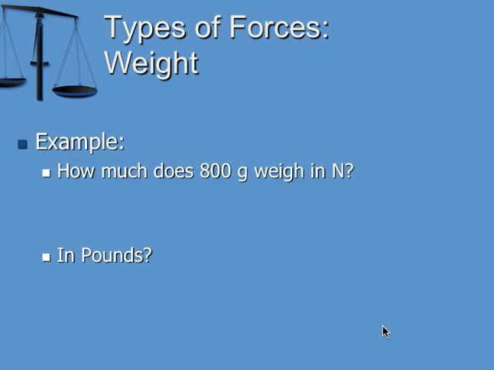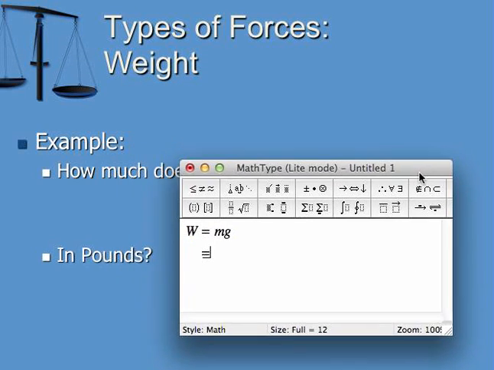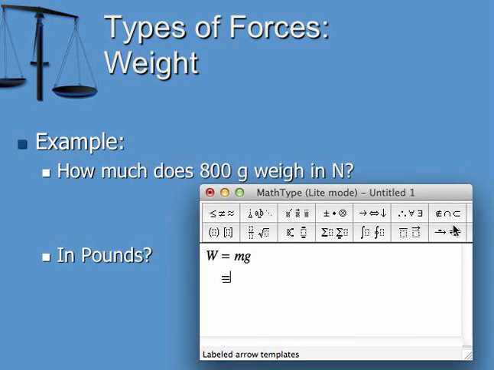So I wanted to just do a couple example calculations to calculate a weight of say 800 grams. If we use the formula W equals mg, the mass is 800 grams, and gravity is 9.8, and the units we're familiar with for that 9.8 from our kinematics formula is in meters per second squared.